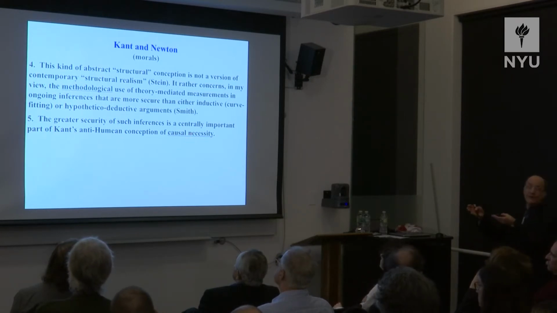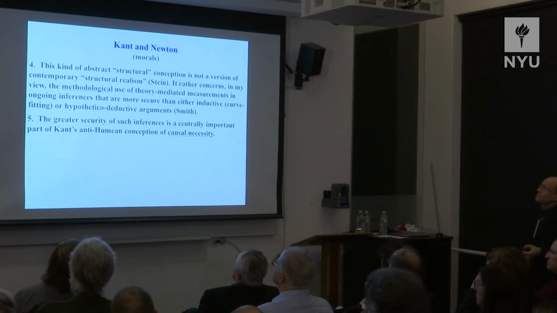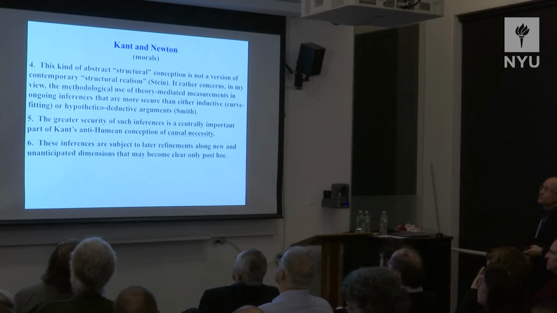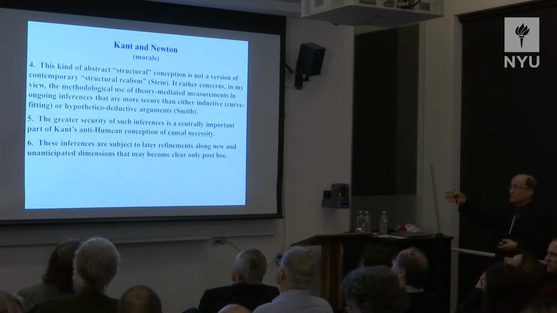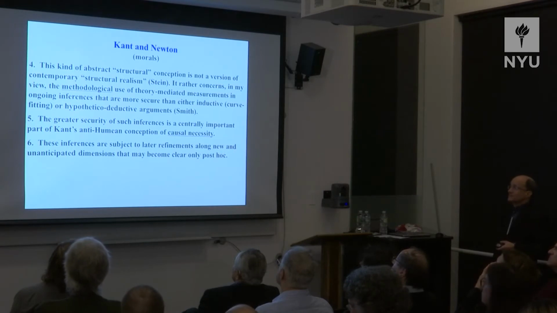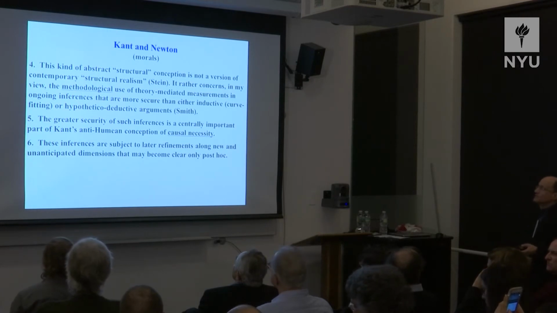That is, this greater security of inference, and so at bottom it's an epistemic notion of necessity for Kant. These inferences are subject to later refinements along new and unanticipated dimensions that may become clear only post hoc, that is, after you've made them. Those are the sequence of corrections and approximative improvements.